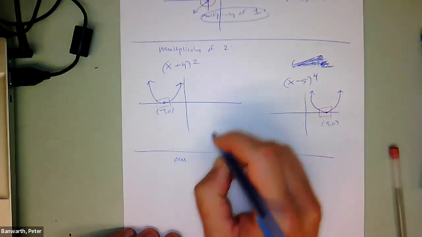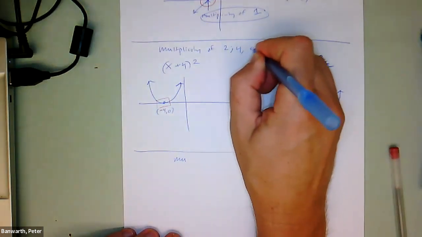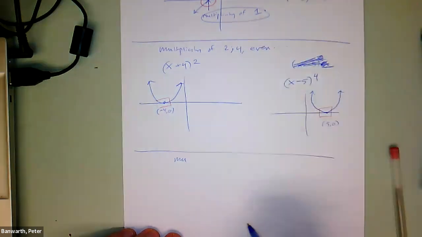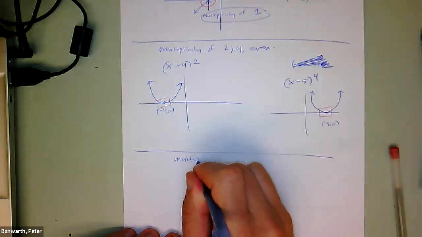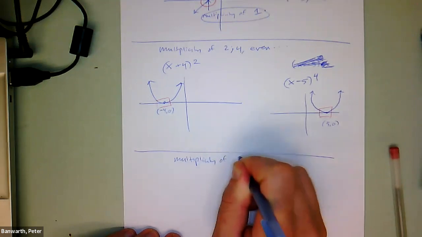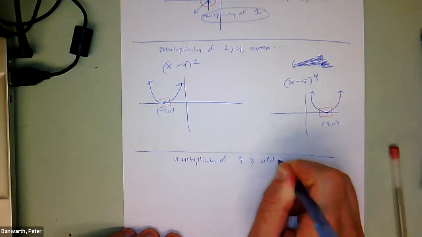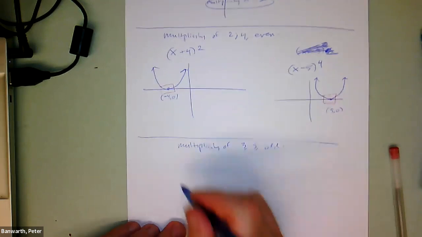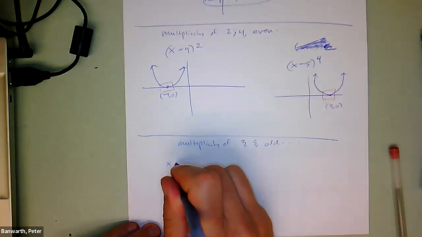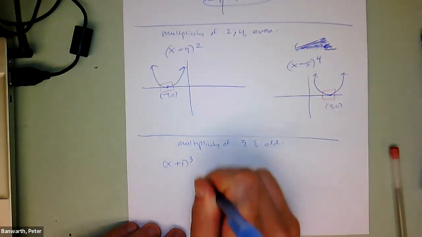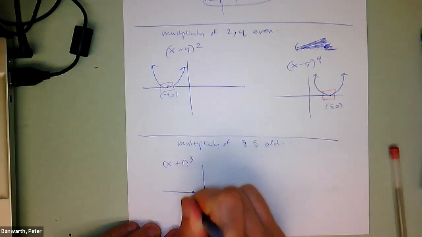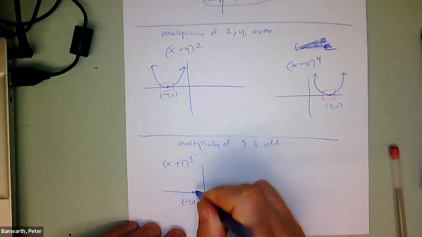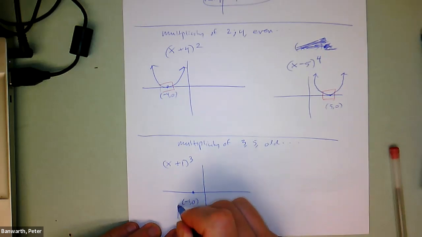And a multiplicity of 2, 4, even, etc. So a multiplicity of 3, 5, odd, etc. I could have x plus 1 cubed. There's the point -1, 0. And my function comes up like so.